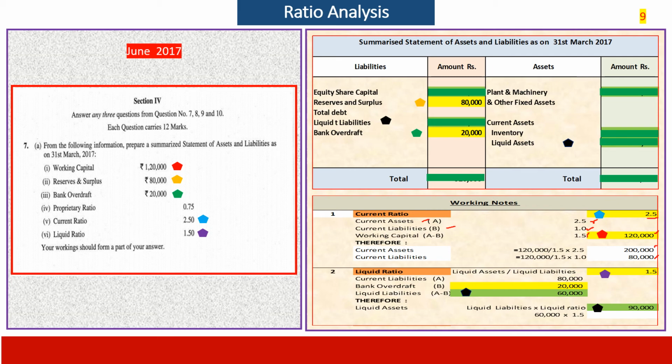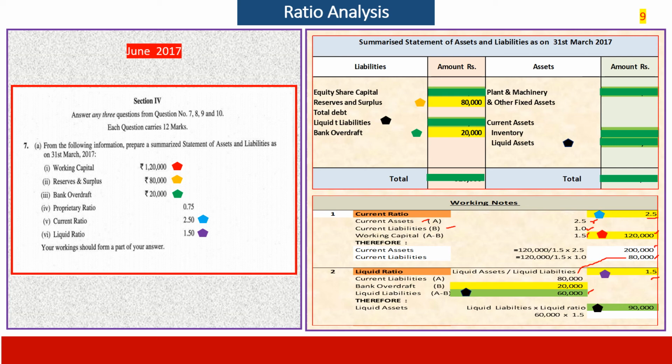Once again, coming back to liquid assets and liquid liabilities, the same ratio we apply. Current liabilities we have got here as 80,000. We post it here. There is a bank overdraft of 20,000, which we have posted here. And therefore, the difference between the two is liquid liabilities, 60,000.